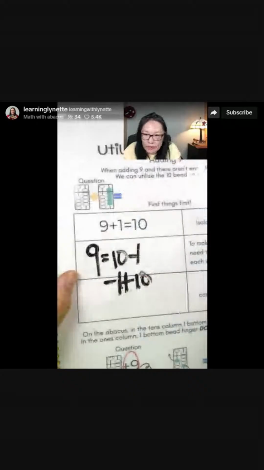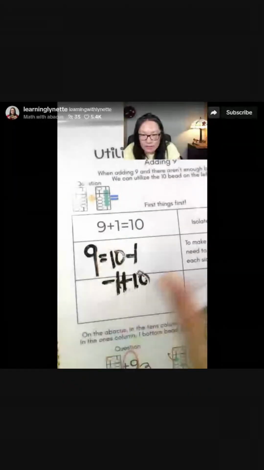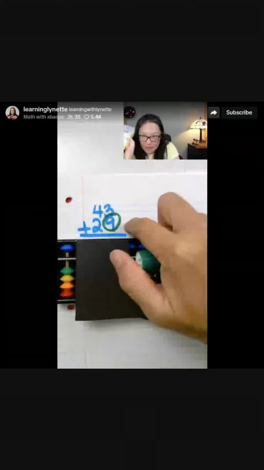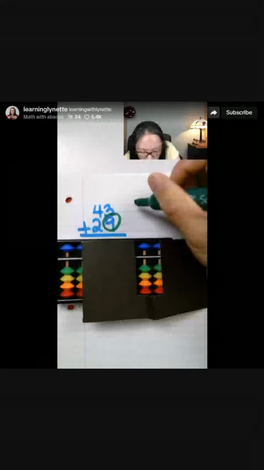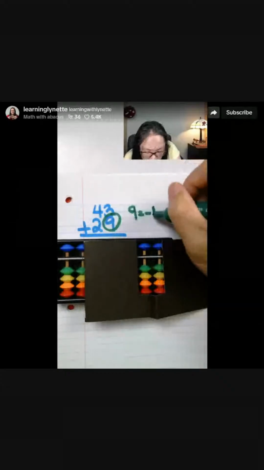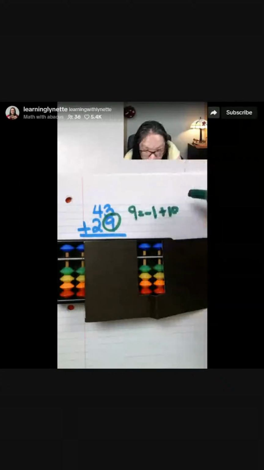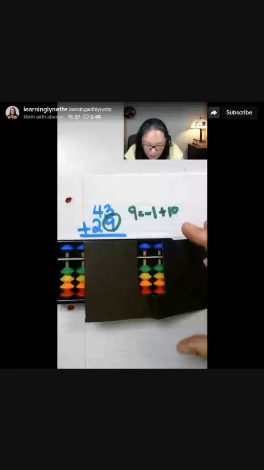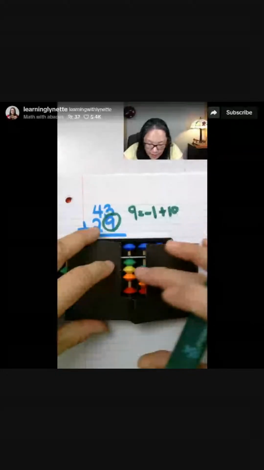To add the 9, what do I have to do? I have to plus the 10 minus the 1. So I'm going to write it. I can minus the 1 and then add the 10. Can I add the 10?